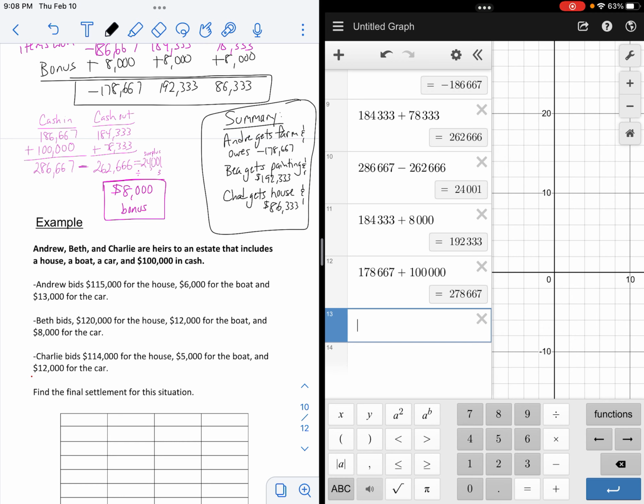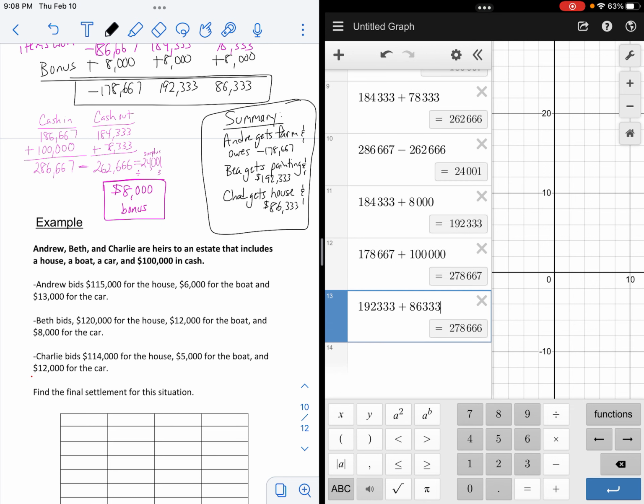So B is getting 192,333, and then Chad is getting 86,333. So look at that. See those two numbers? They're essentially equal. They're off by $1 because we rounded the change. Remember in the very beginning steps, we rounded the change. It came out to 0.33, but we left those decimal amounts off.